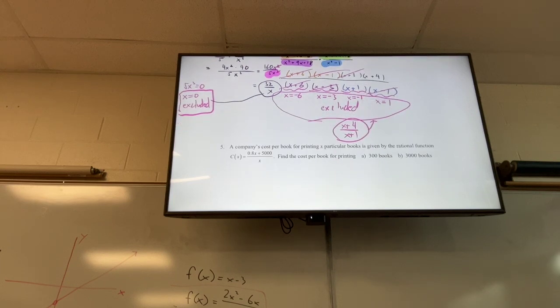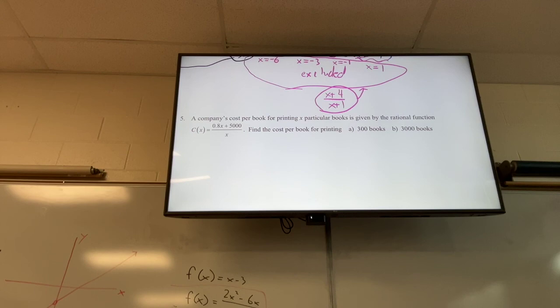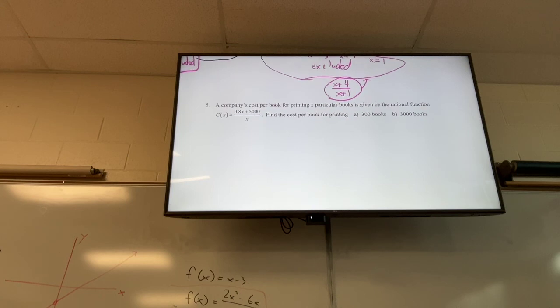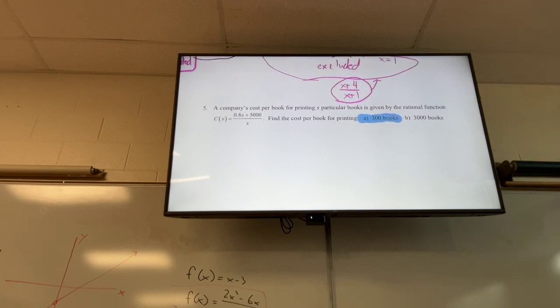I want to get to this word problem. Okay. So 5, a company's cost per book for printing x particular books is given by this rational function. Find the cost for printing 300 books. Let's start with that first one. What do I do then? All I do is take this 300 books and plug it in for x.